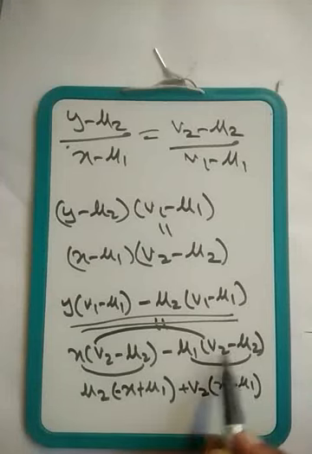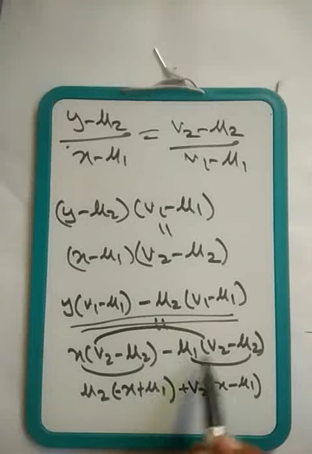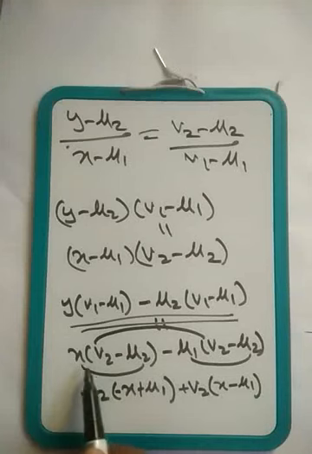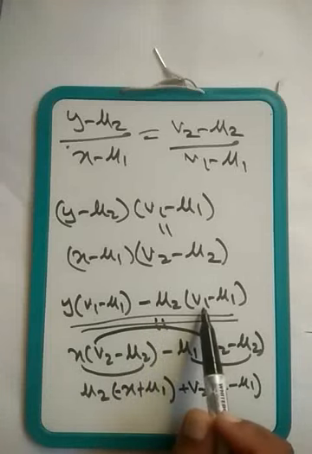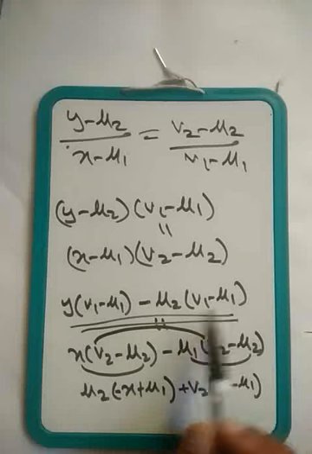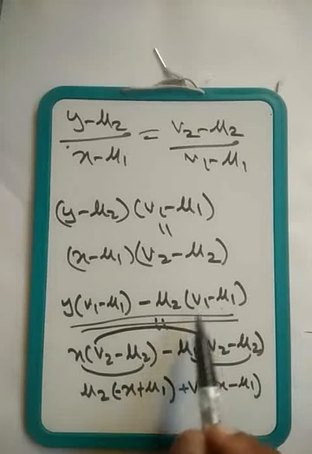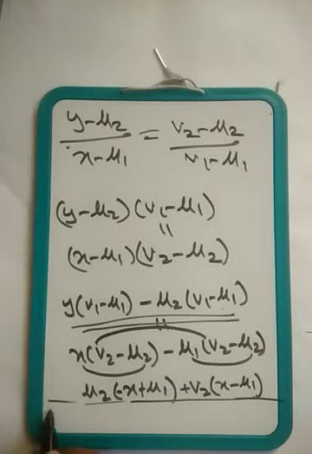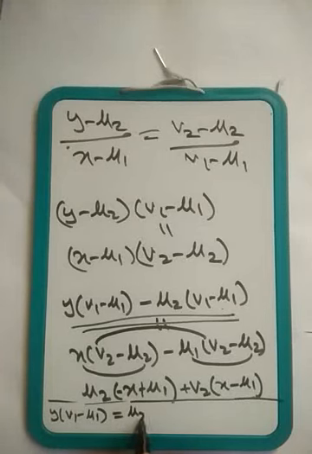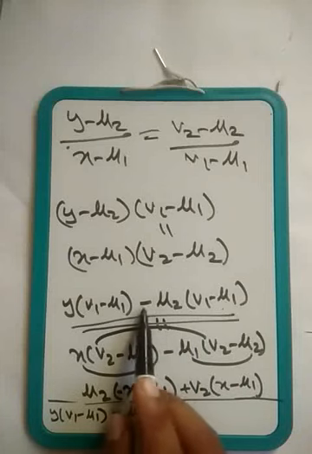You have to check the signs. So sending this on the right hand side, this implies that y into v1 minus u1 is equal to, now u2 with the sign plus.